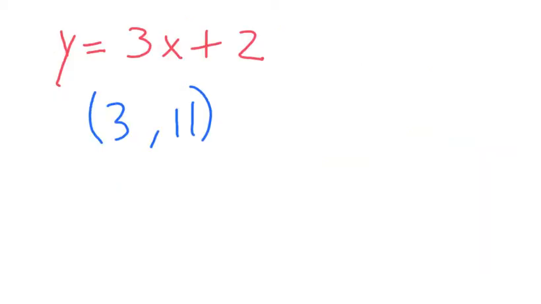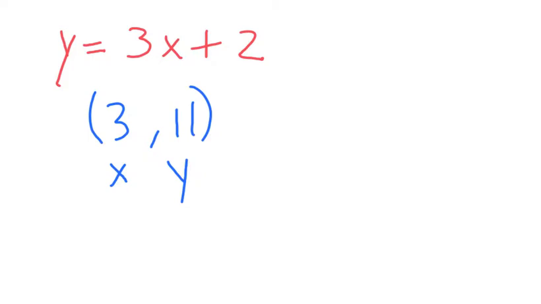Here's another one. Y equals 3x plus 2. Determine whether (3, 11), the ordered pair, is a solution if it works for y equals 3x plus 2. So you plug it in. Remember, the first one's always x, the second one's always y. They're alphabetical. And you're going to plug everything in.